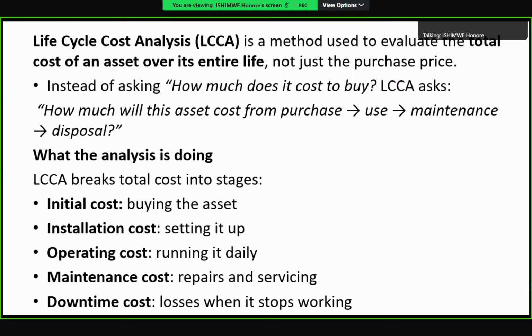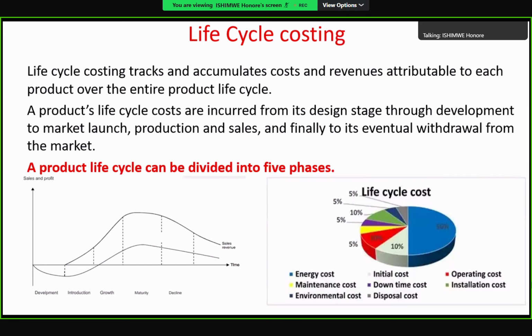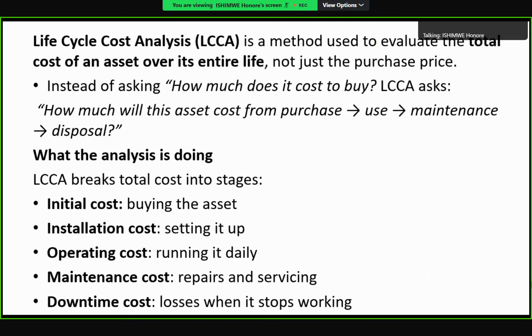No, that's not about life cycle. What you should think is this: you need to accumulate all the costs as you see here. If there is any energy that will be used for, let's say, a machine, it needs to be considered. Any environmental cost, any initial cost, any downtime cost, any disposal, any operating, any installation, which will comprise your cost analysis when you're using life cycle costing.